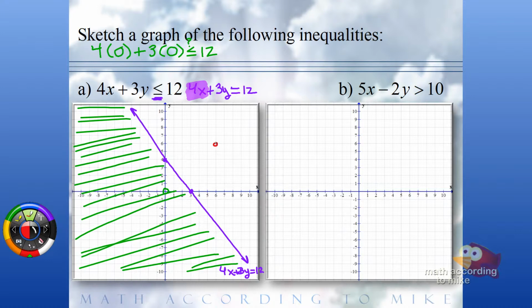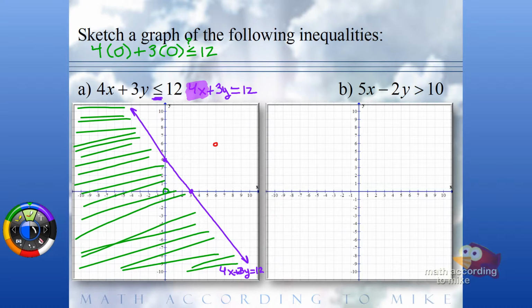Well, if I put in 6 in for x and 6 in for y, it would have been false, which means all points above the line are false, which then means all points below the line are true. So again, step 3 says shade true. Do not look at the inequality, which is less than or equal to, and say, that says shade below. Nope, that's not going to work.